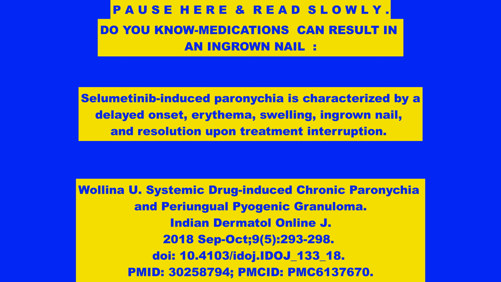Selumetinib. Selumetinib-induced paronychia is an inflammation which causes delayed onset erythema, swelling, and ingrown nail, and it resolves upon interruption of the treatment. You can refer to this article made in 2018.